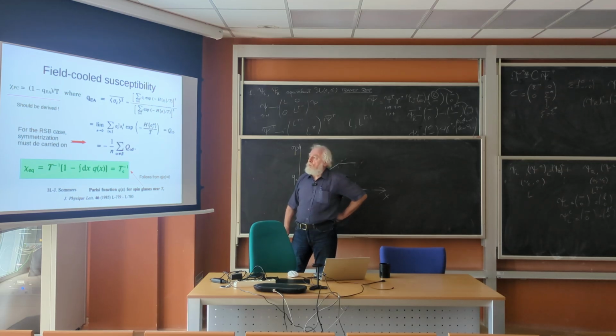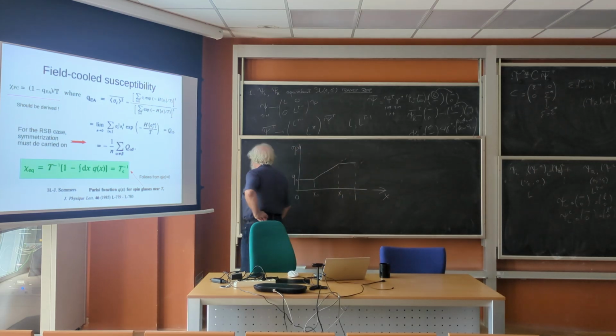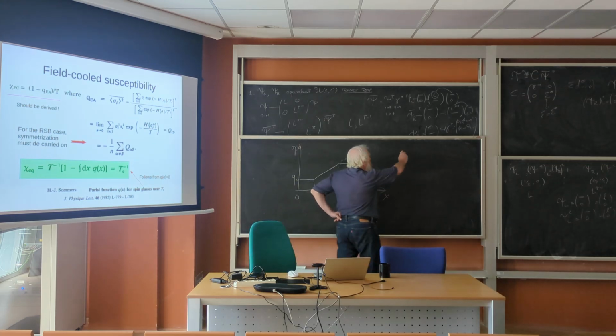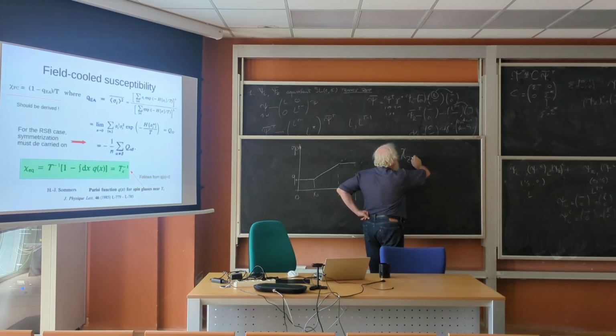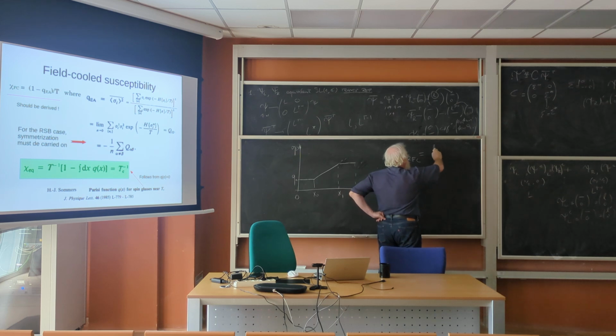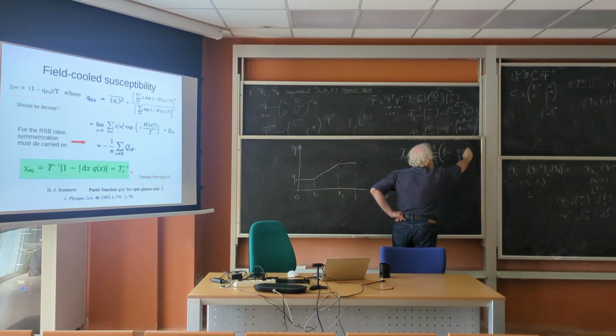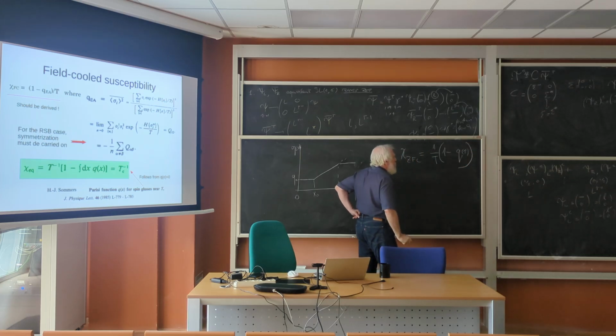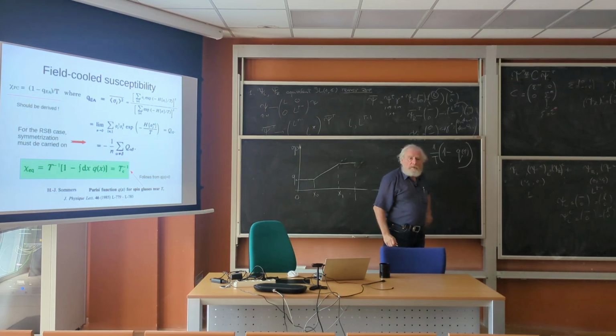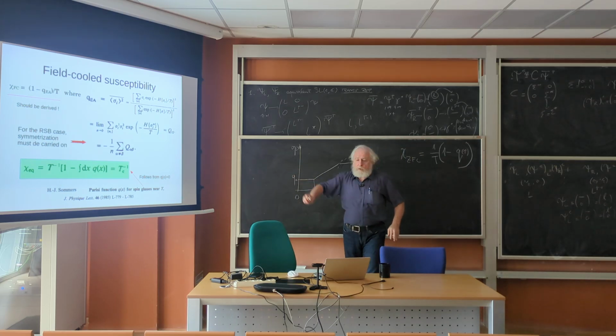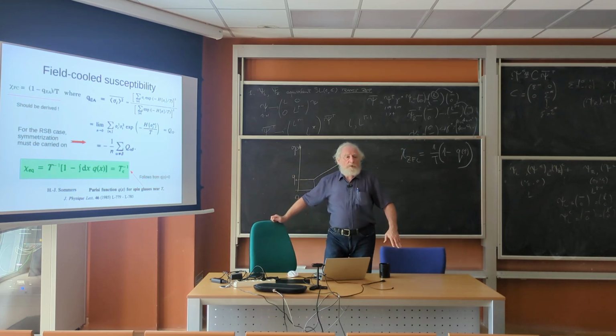Let me remind you that the zero-field-cooled susceptibility here is equal to 1 over T times 1 minus q(1). So the difference is that here only q(x=1) enters, while here we have an integral. And because q is not constant, these two things are different.